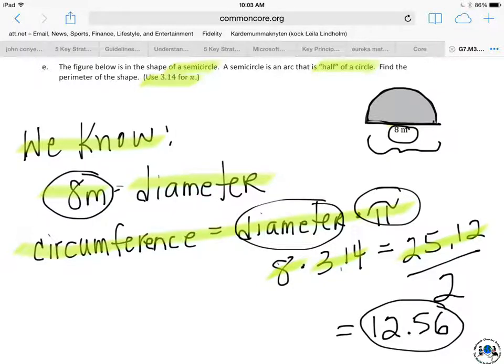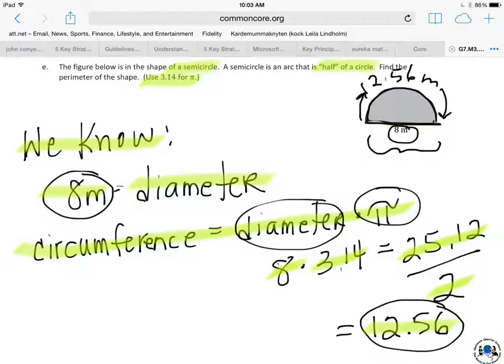That's not quite helpful yet because that would be the size of the entire circle's circumference, but we don't have that entire circle. We only have half of it. Therefore, we are going to cut that in half. We're going to come up with 12.56. So now we know that this right here is 12.56 meters from here to there.